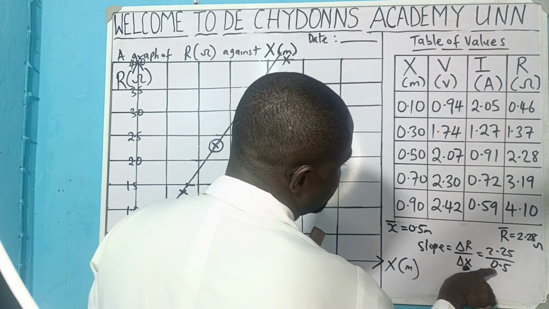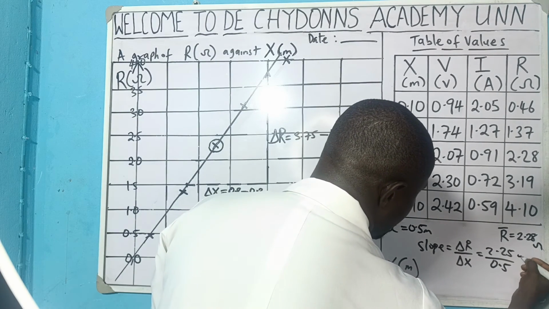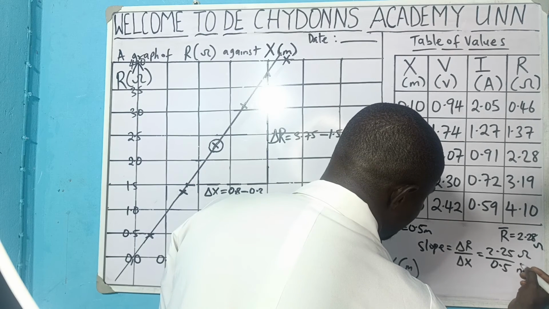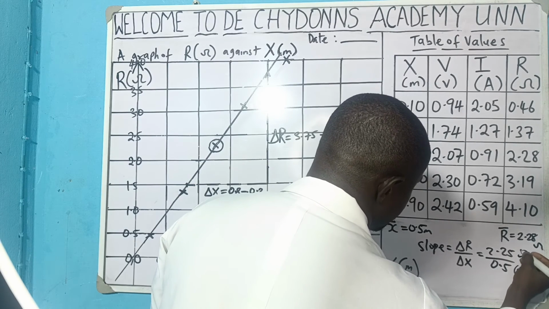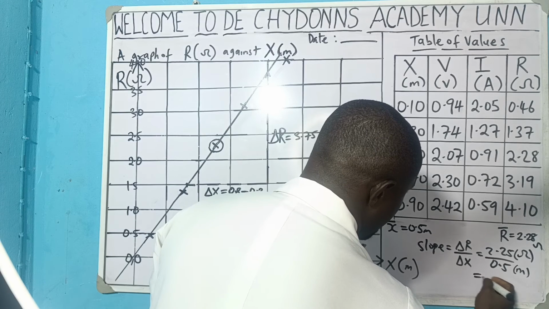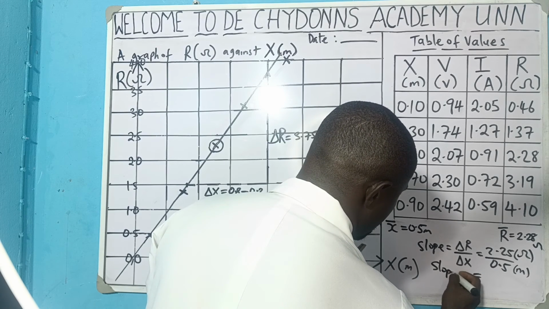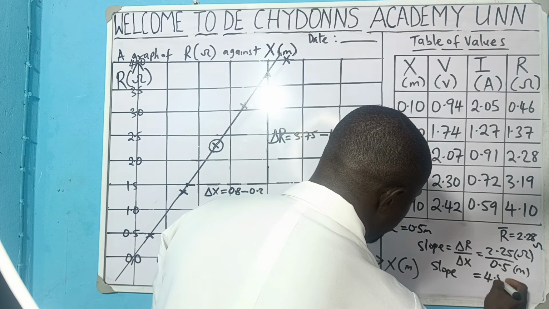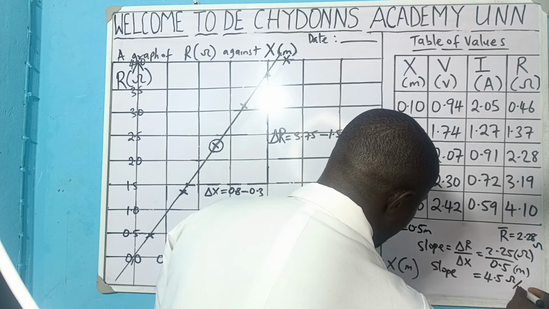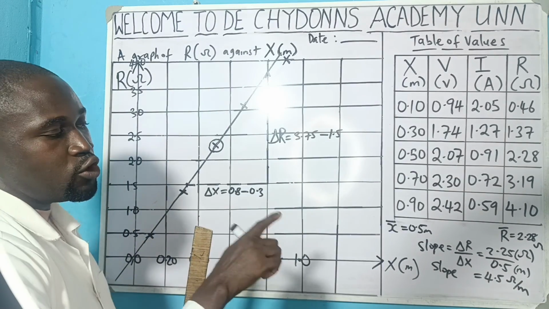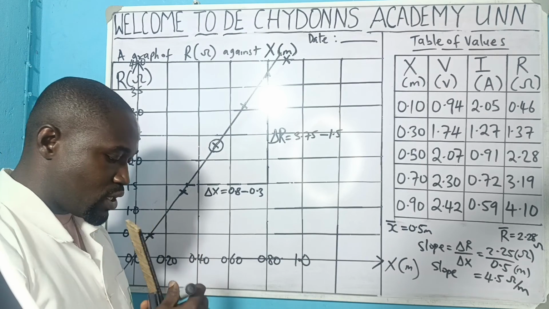So 2.25 over 0.5. The unit of this is ohm and the unit of this is meter. So that will give you a slope equal to 4.5 ohm per meter. Remember, your units must be attached to what you get.